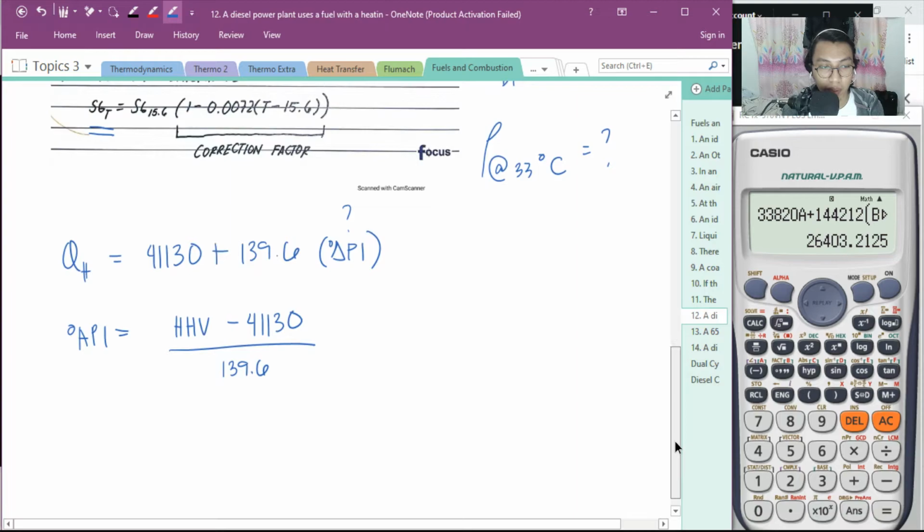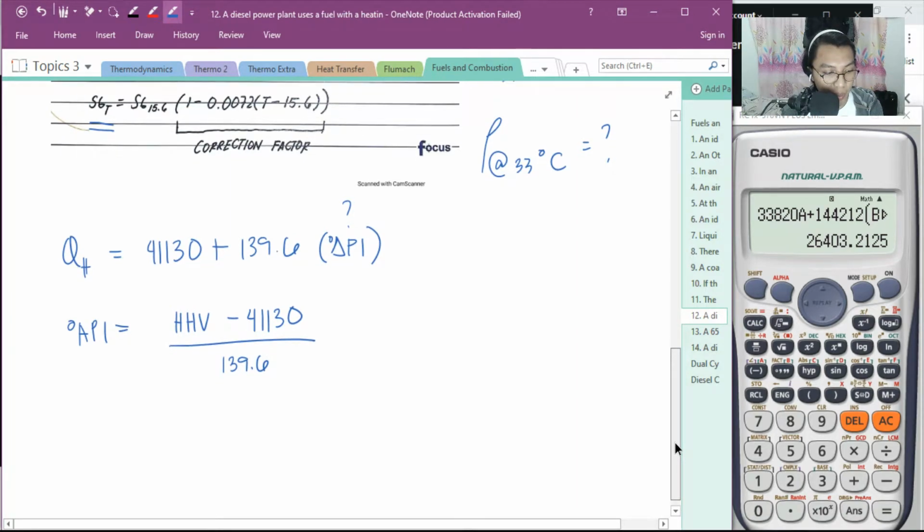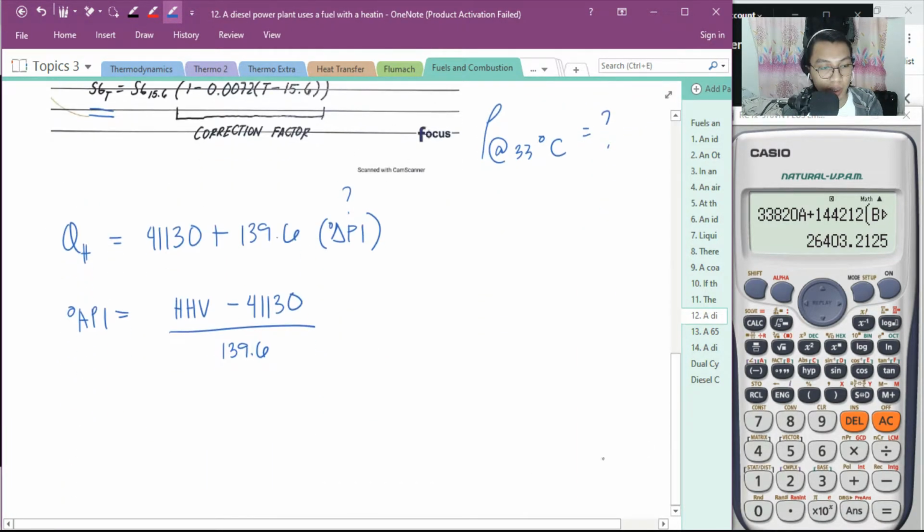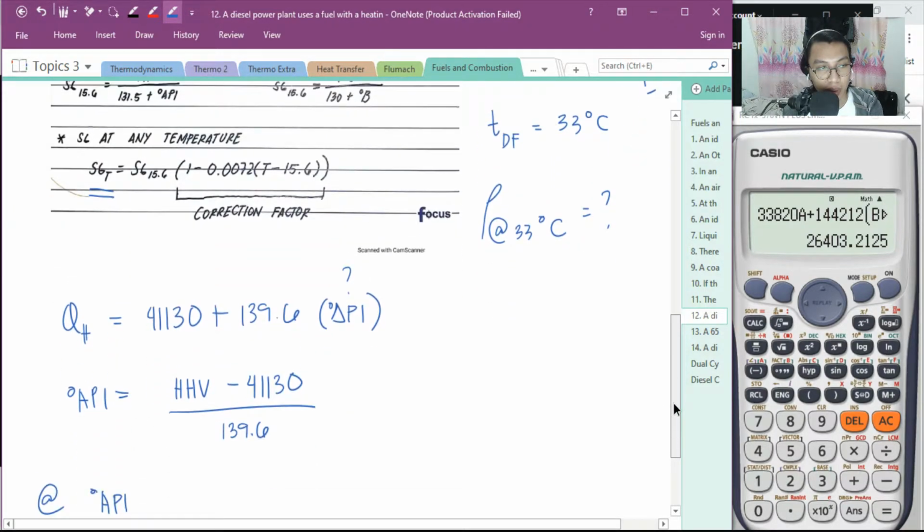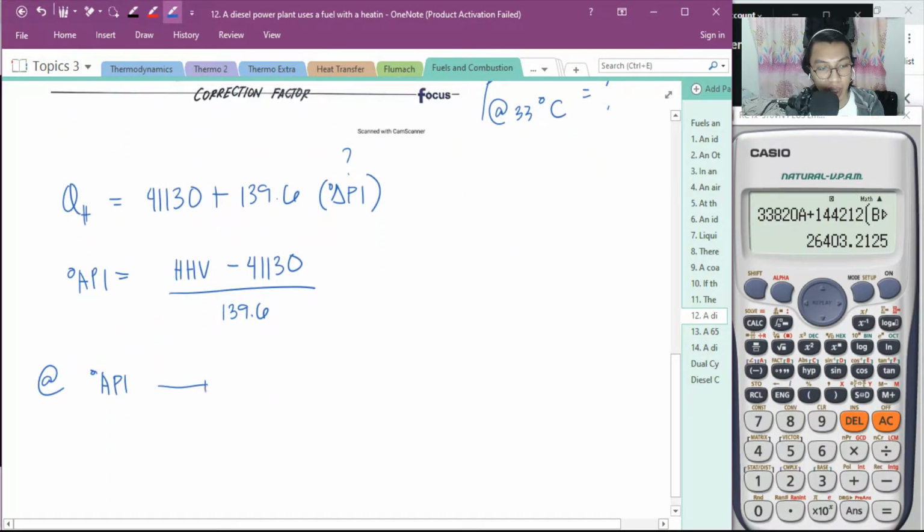So, meron ka ng formula ng degree API pero binigyan tayo ng formula dito. At API, 'di ba? Kukunin mo dito sa formulang 'to for given SG. Kaya lang hindi given SG, hahanapin natin yung SG at 15.6 degrees Celsius. Hindi yan yung binigay na temperature. So, dadaan ka muna dito talaga. Okay?